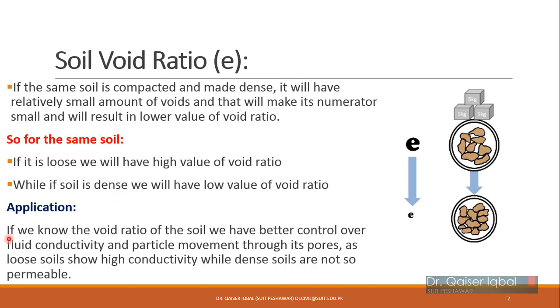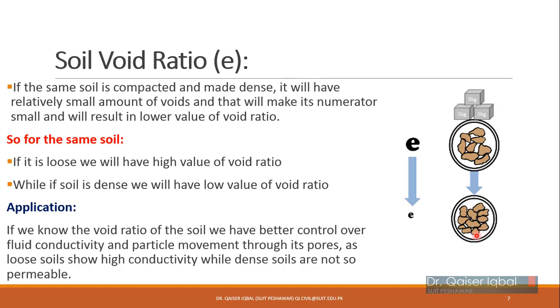So in application, if we know the void ratio of the soil, we have better control of fluid conductivity, because if you have fewer voids, less water will pass through that particular soil, which is known as fluid conductivity or permeability, which we will discuss later on. And particle movement through its pores will also be reduced, so erosion will be reduced as well.